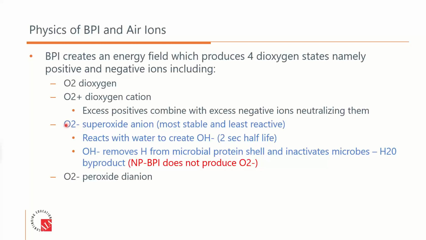Because they can last for 30 to 60 seconds, they can actually get out long air duct systems, get into the space, and have a lot of time to react with the bacteria and viruses. In the process of doing that, they create OH negative, which has a 2-second half-life. It takes out the hydrogen, and basically it kills it. And like I said, the needlepoint technology does not produce this O2 negative.